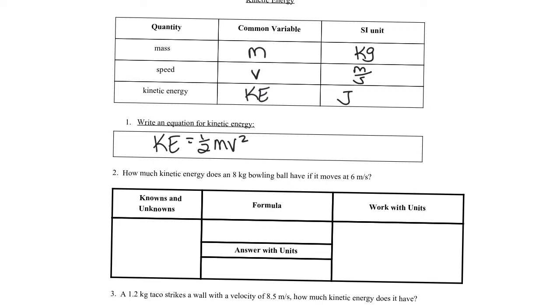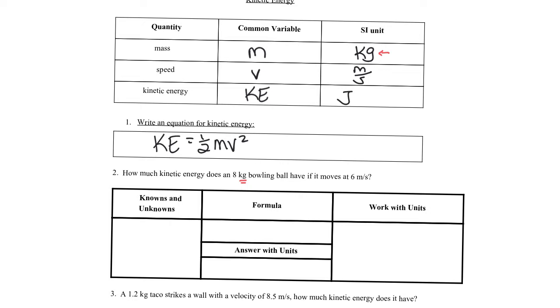It says, how much kinetic energy does an 8-kilogram bowling ball have if it moves at 6 meters per second? All right, I see that kilogram. One of the nice little tricks you can do with the table of friends is you can really use it to figure out what to put in the box.